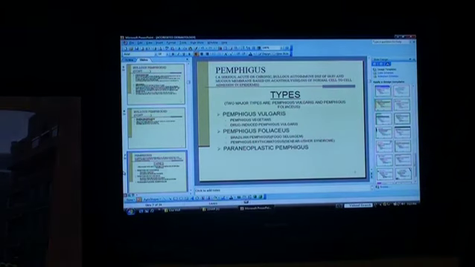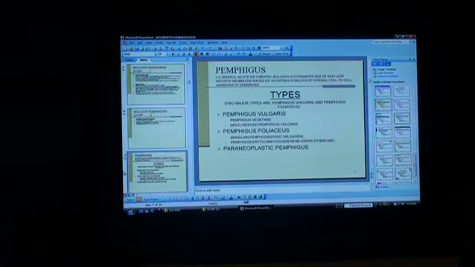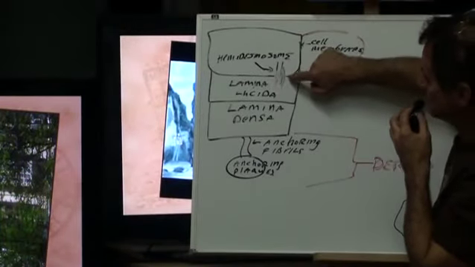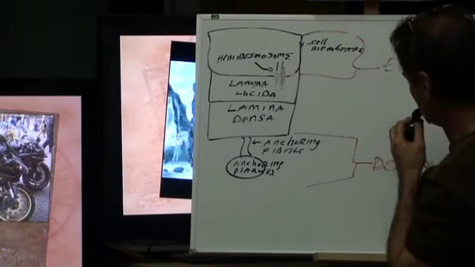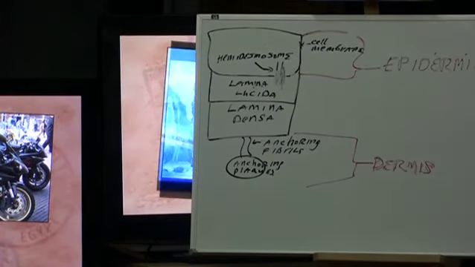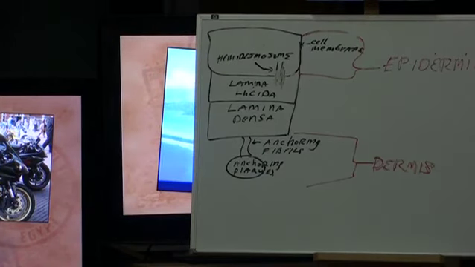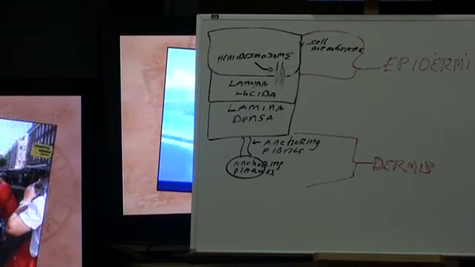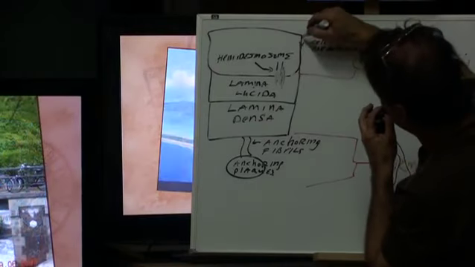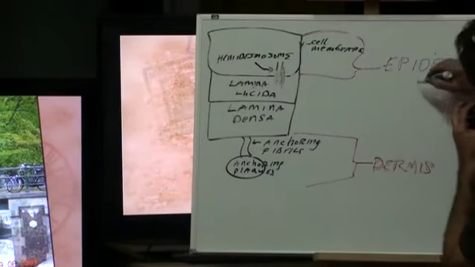In pemphigoid, you had antibodies attacking the area between the epidermis and the lamina lucida, the hemidesmosomes. In this condition, what you have is antibodies attacking the sides between the epidermal cells.